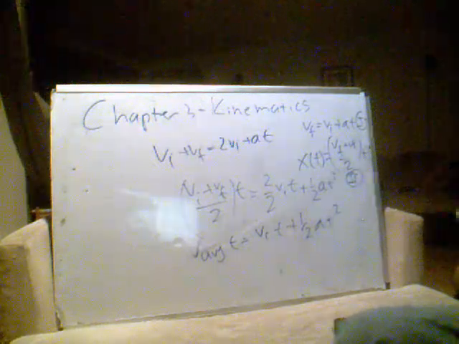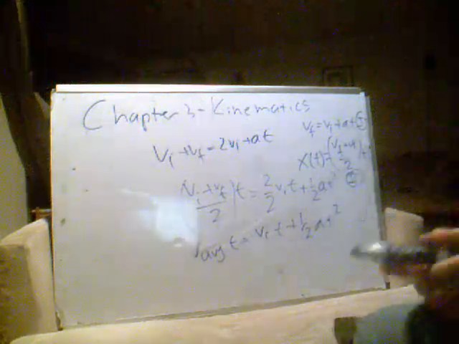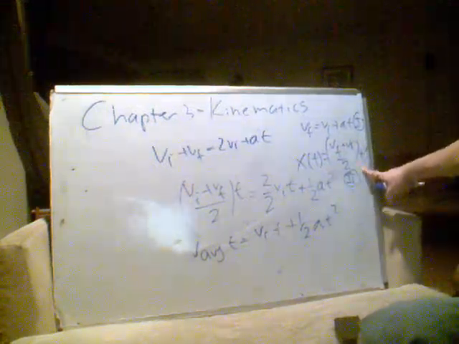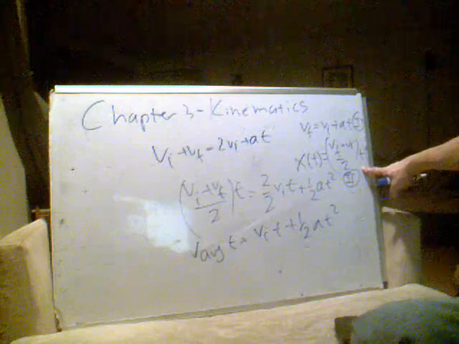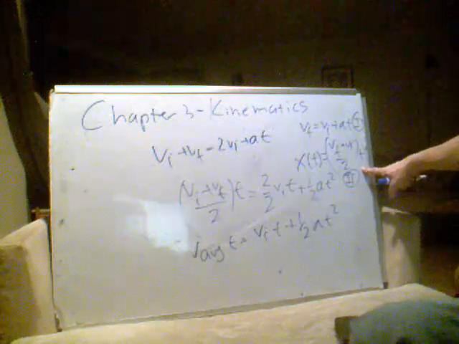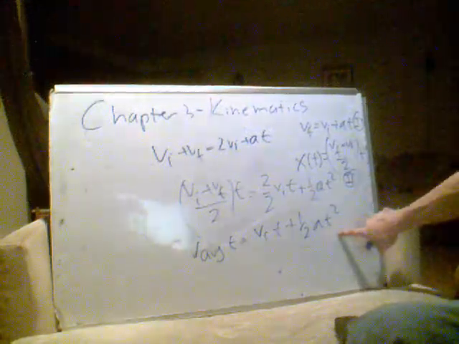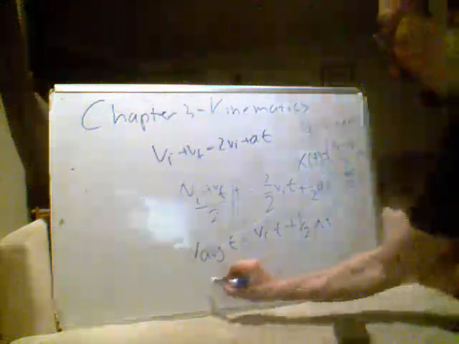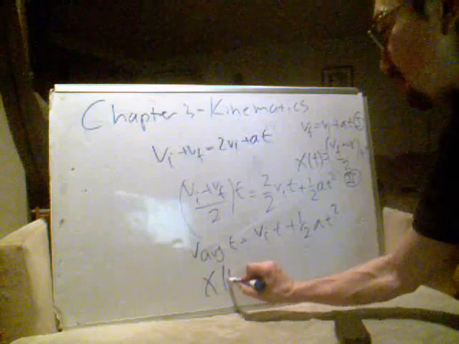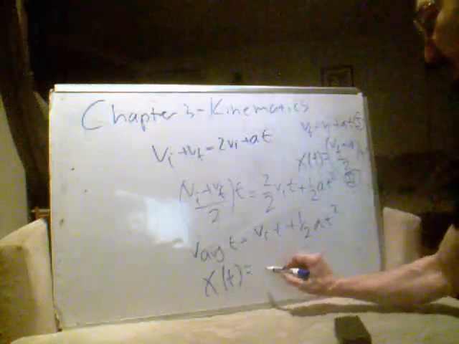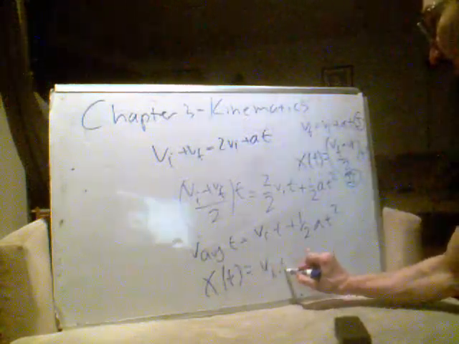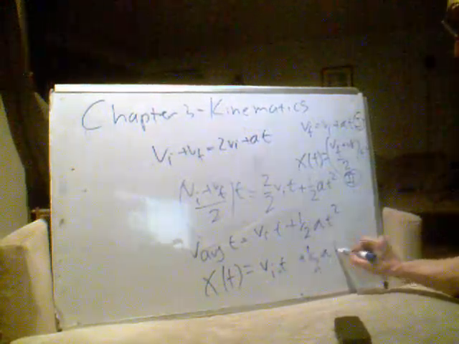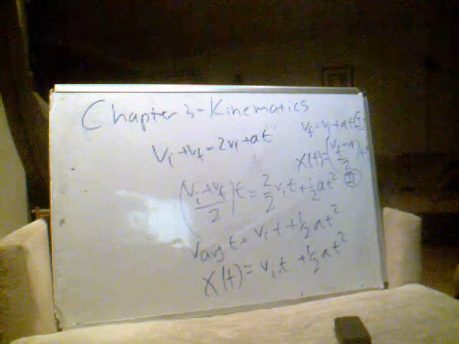Recall that the average velocity times time is your position after a time interval t has elapsed. Thus, this equation here is really telling us that our position as a function of time is our initial velocity times time plus 1/2 times our acceleration times time squared.